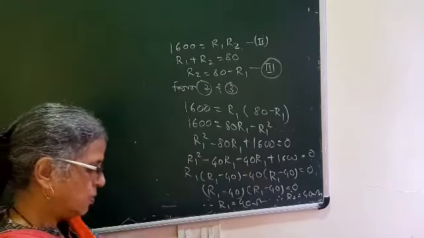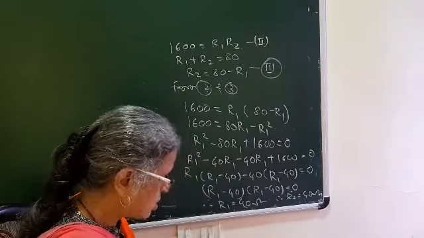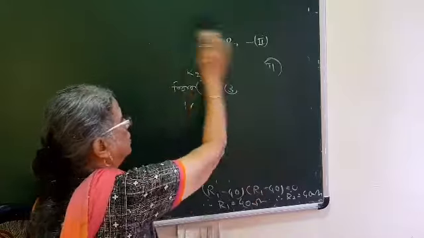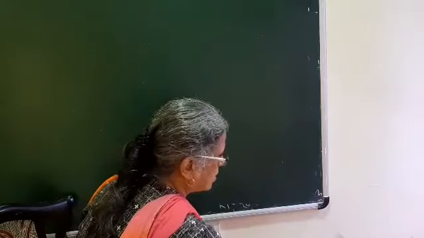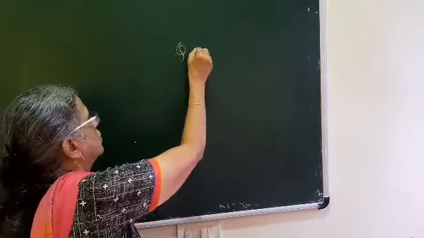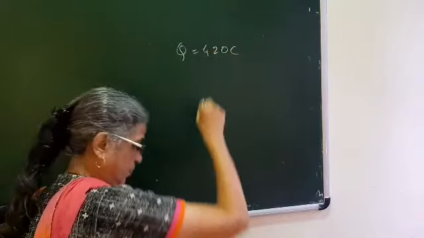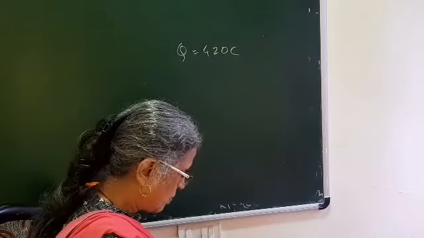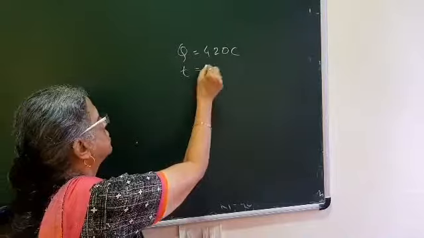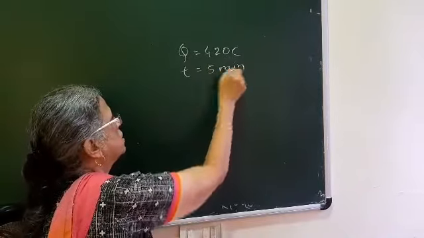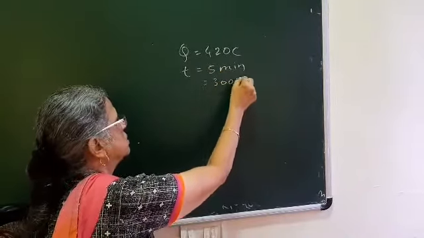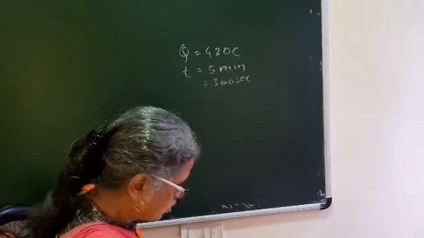Now sum number C, if a charge of 420 coulomb, so they have given Q, charge has the symbol Q, 420 coulomb, flows through the conductor wire in 5 minutes. So time is given, 5 minutes. 5 minutes means it is 300 seconds. So what have they asked to find out? Current.